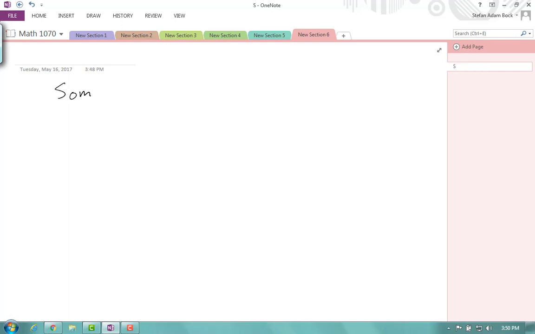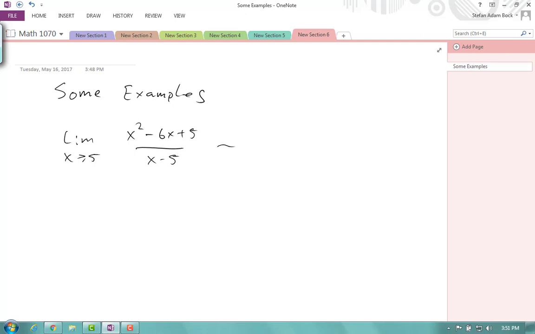So let's take a look at some of the different types of problems I can see coming out of our limits. So for example, the limit as x goes to 5 of x squared minus 6x plus 5 divided by x minus 5. The first thing you always want to try to do is plug in the number, but when we try to plug in 5, we get 25 minus 30 plus 5 over 5 minus 5.